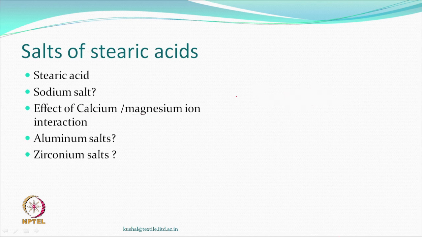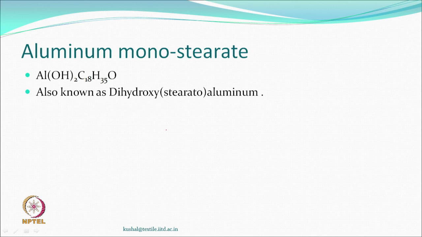And people have tried things like aluminum salts of stearic acid and zirconium salts of stearic acid, which can act as efficient water repellents. For example, aluminum monostearate. It has got two hydroxyl groups, and therefore, it is also known as dihydroxy stearato aluminum.